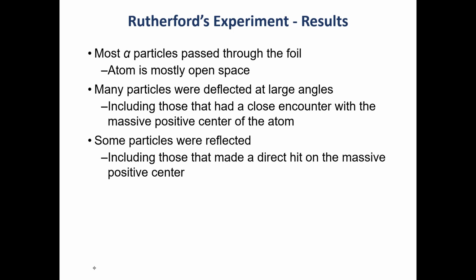And he also found that, as we showed in the last slide, a lot of those particles were deflected at fairly large angles, which would make sense if we think about the atom as having a positive center, because those alpha particles, remember, have a 2 positive charge on them, so they're not going to be attracted to a positive nucleus. They're going to bounce off and be deflected from that. And then some of the particles actually got reflected back in the opposite direction.